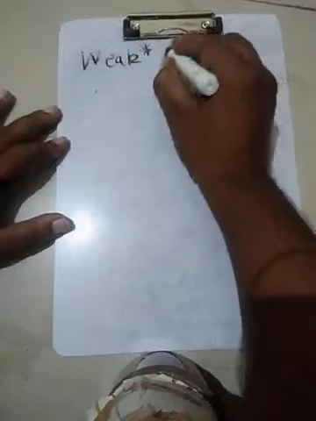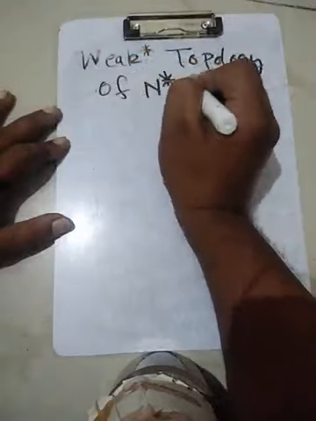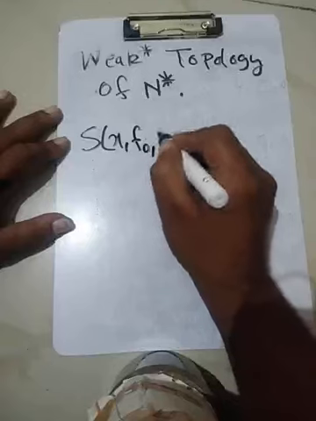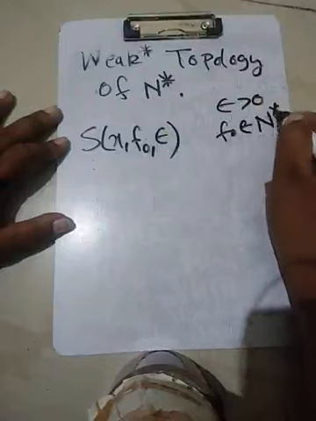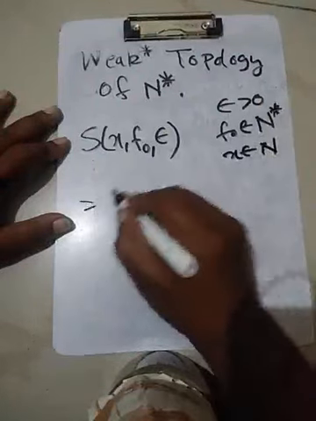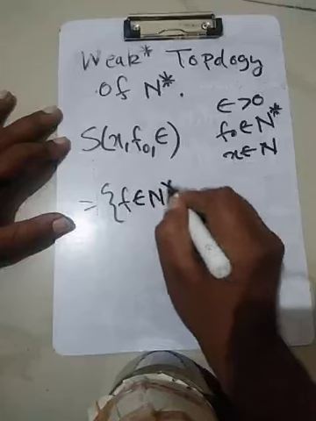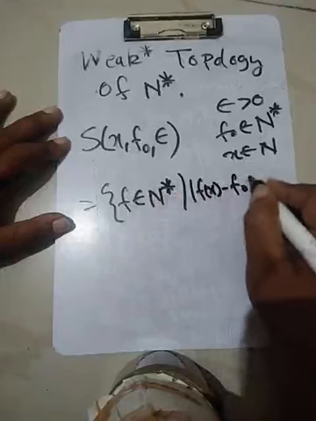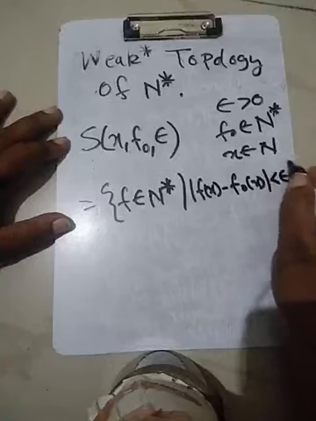So we have seen the weak star topology on N star, which was generated by basis elements S(x, f naught, epsilon), where epsilon is a real number greater than 0, f naught is an object in N star, and x is an object in N. This was the collection of all f belonging to N star such that mod of f(x) minus f naught(x) is strictly less than epsilon.